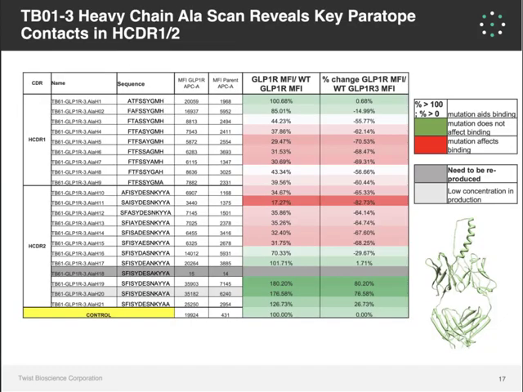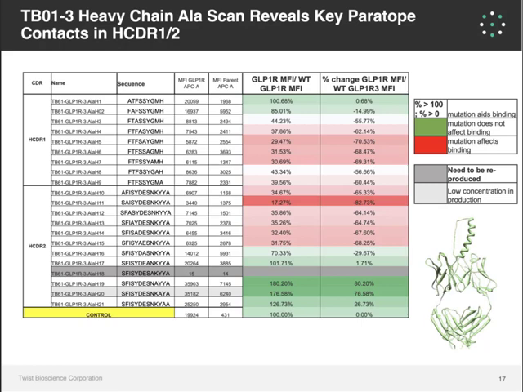One question I'm often asked is, this motif helps guide binding to your receptor, but is all the binding due to the motif you've grafted into your antibody? Do the other loops in the antibody have any effect on binding? To address that, we did a paratope analysis of both the heavy chain and light chain, looking at the contribution of the other 5 loops in the binding of this particular GLP-1R antagonist.